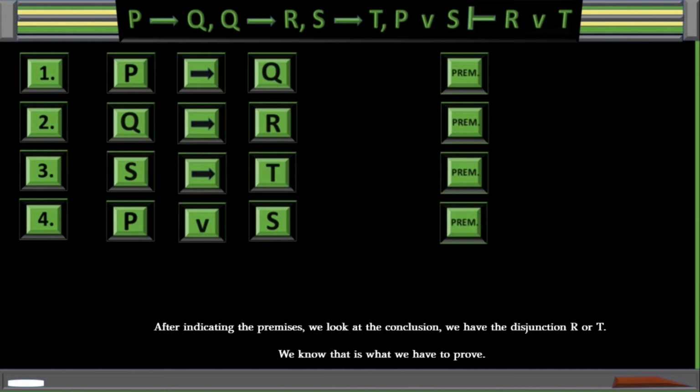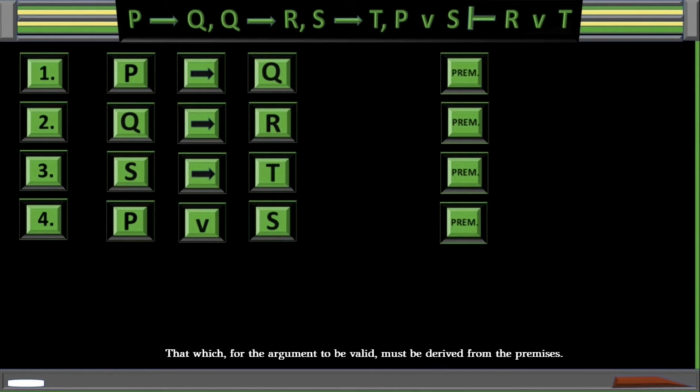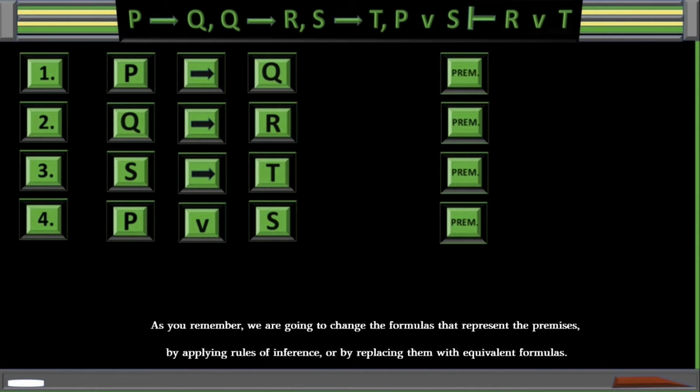We have the disjunction R or T. We know that is what we have to prove. That which, for the argument to be valid, must be derived from the premises.